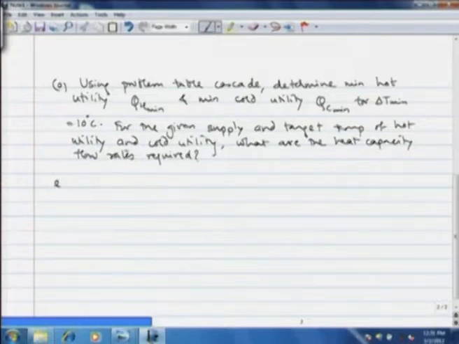Then the second question that we have to answer is a modified form. Like here we are given delta T min equal to 20 degrees centigrade.